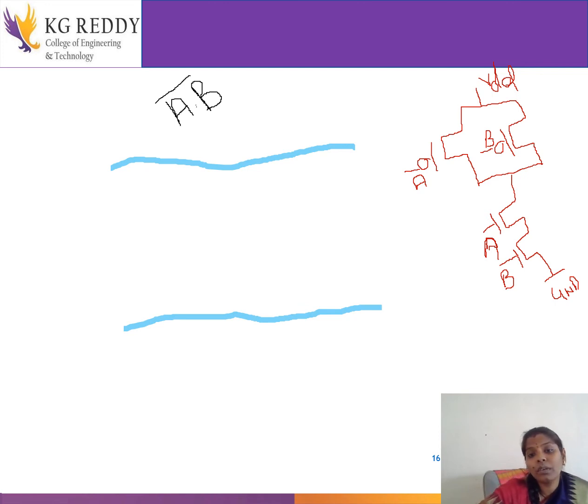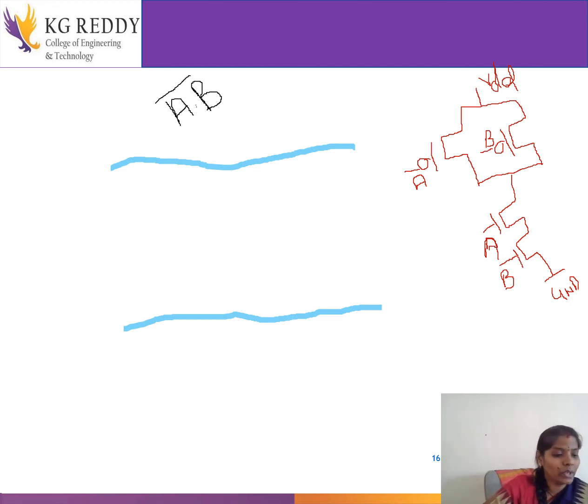We are now representing this A dot B in MOS transistors, with an inverter, that means a CMOS circuit. By using a CMOS circuit, we are designing the A dot B stick diagram.